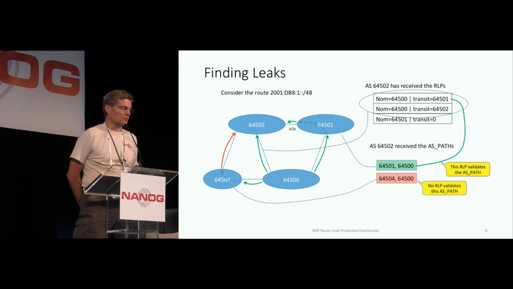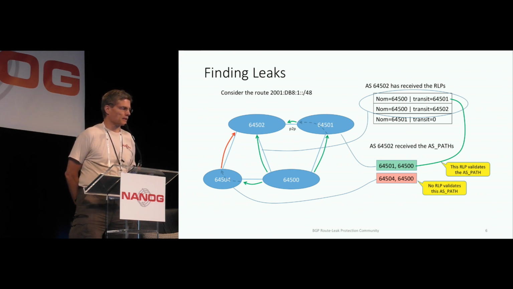Now on this same route, he also gets another one from that guy on the right, 501, and 501 has no transits, so he just sends the one that says my transit is 0. So these are the RLPs that 502 has received from wherever it's receiving them from.